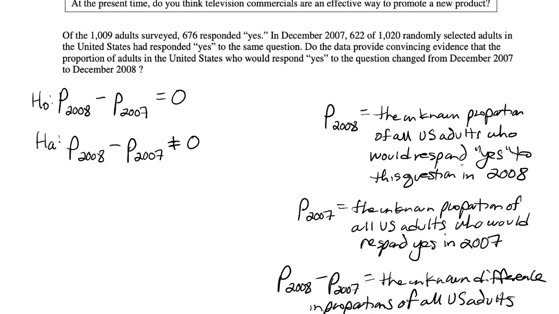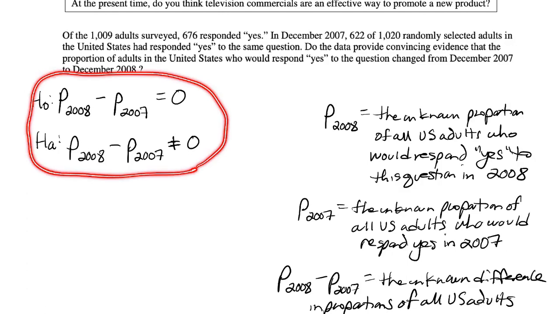The null hypothesis is always equal to, and when we have a difference between groups, it's equal to 0. Notice I did not put p-hats here. We're not interested in the difference in sample proportions. We already know that difference. We'd like to know the unknown proportion, the population proportion. And it's not enough just to write this.